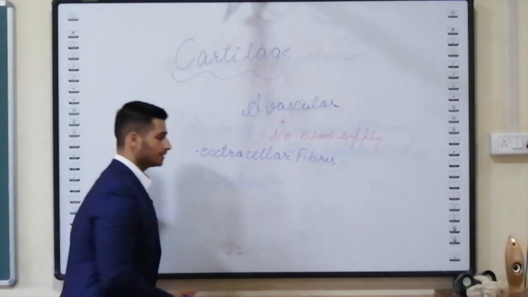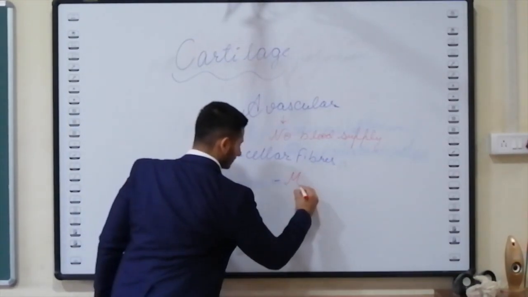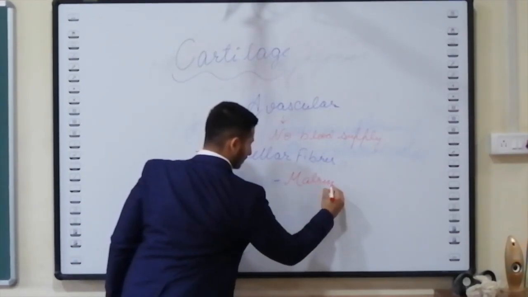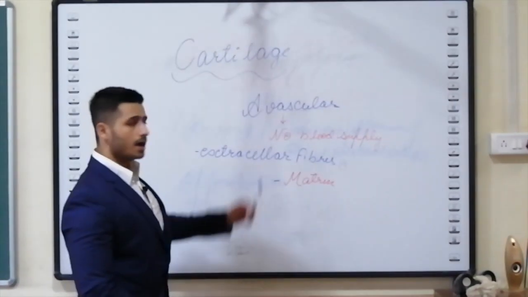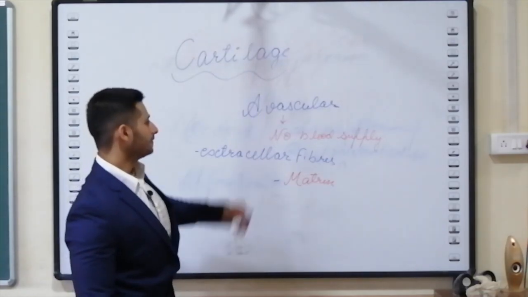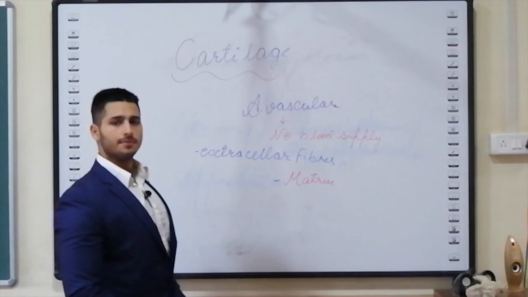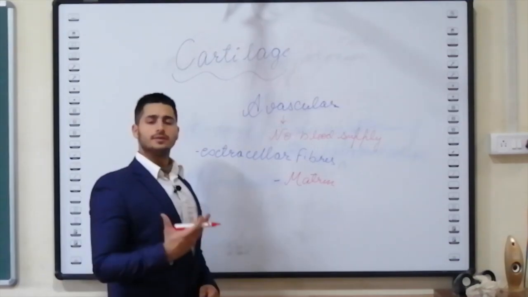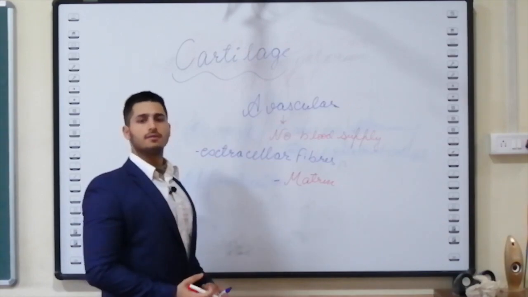Now these extracellular fibers are embedded in a liquid that we call as matrix. A cartilage is an avascular form of connective tissue with extracellular fibers embedded in the matrix. The type of cartilage determines the amount of extracellular fibers.